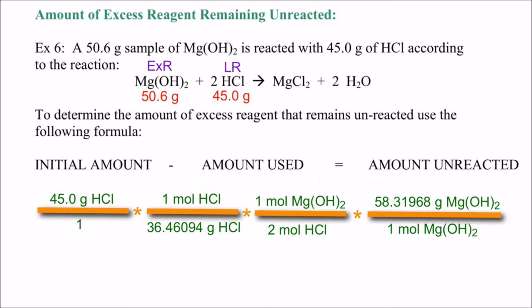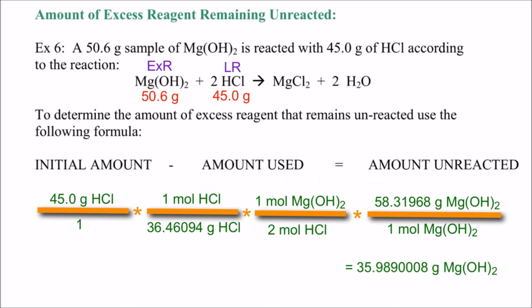Okay, now we just need to multiply across the top and divide along the bottom. Okay, so this is the amount of magnesium hydroxide that we will use up in the reaction, okay? We have not actually figured out how much is left over or unreacted. We figured out how much will be used during the reaction.